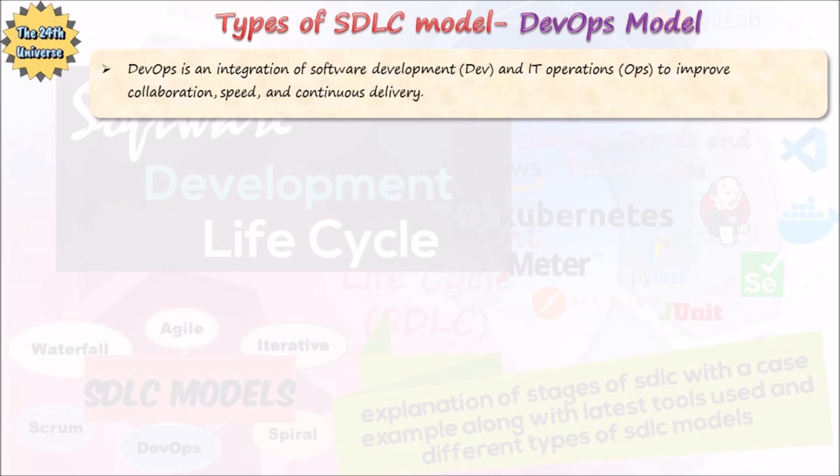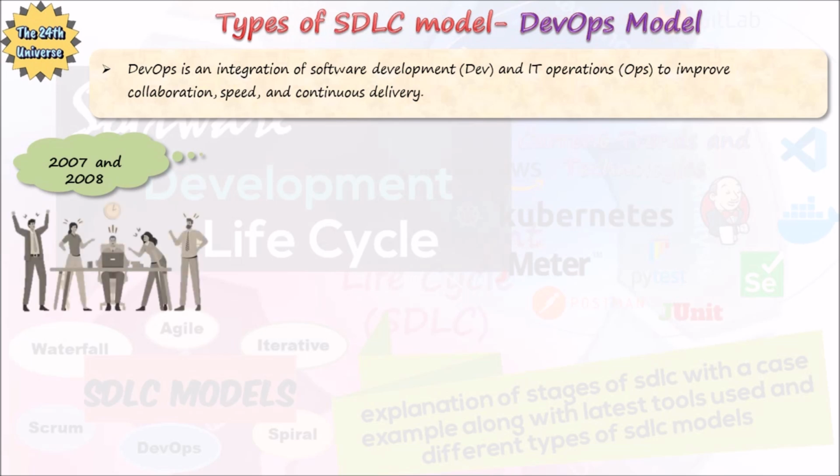How DevOps came into being and why is it so popular? Well, long story short, around 2007 and 2008, when the development and operations were a kind of enemies to each other, constantly crossed swords. Development would throw the code over the wall to operations, and operations had no choice but to deal with the mess.